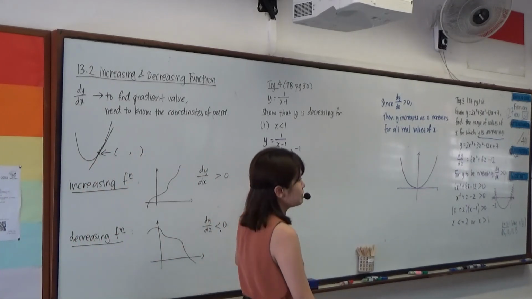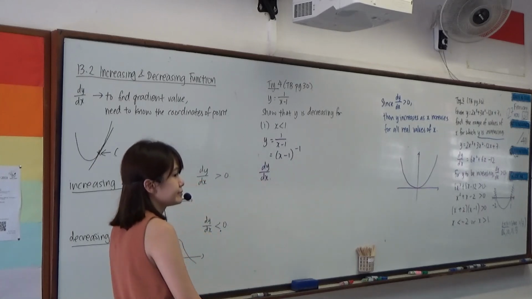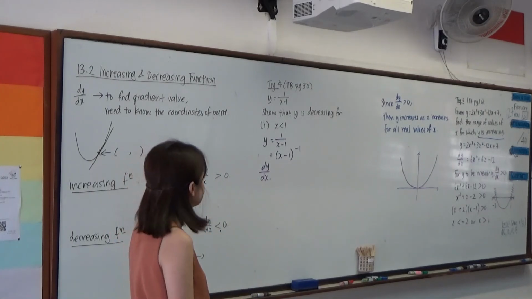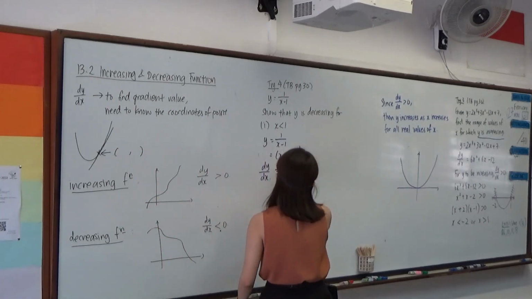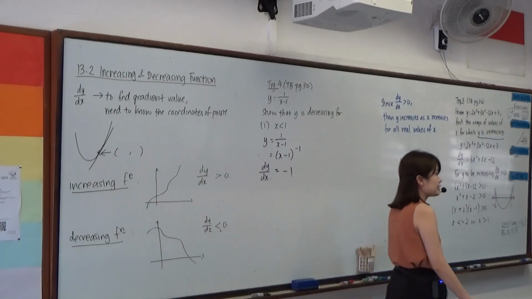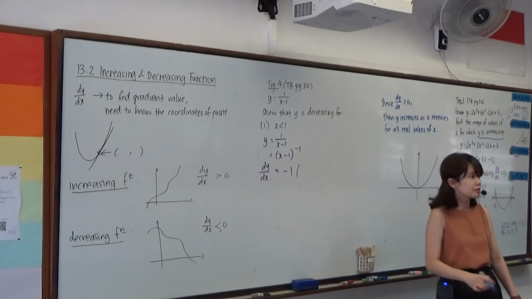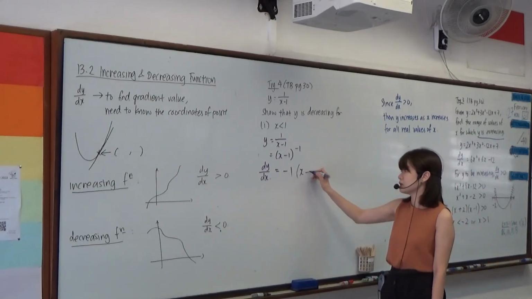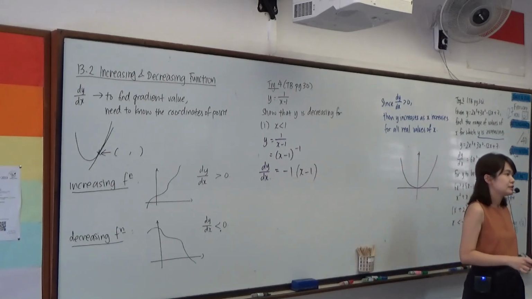What is our dy over dx? Sorry, minus 1. Bracket. x minus 1. Then negative.